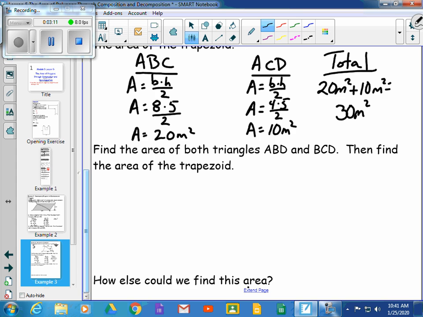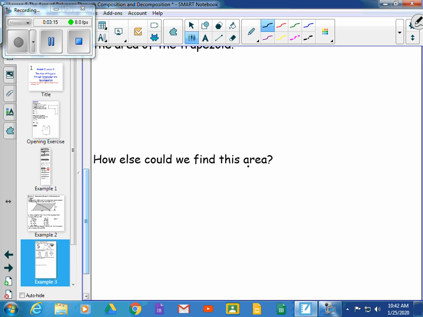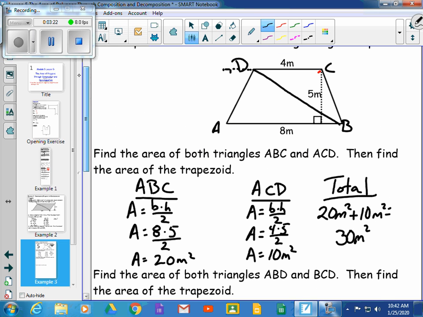Now, before you guys do that, what are some other ways that we could find the area of that trapezoid? We split it into two triangles, but if we look at it, there's other ways that we can solve this as well. If we know this is an isosceles trapezoid, we could split it up into two triangles and a rectangle and add those parts together.